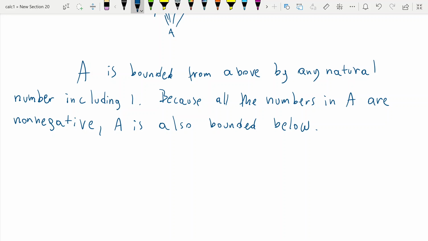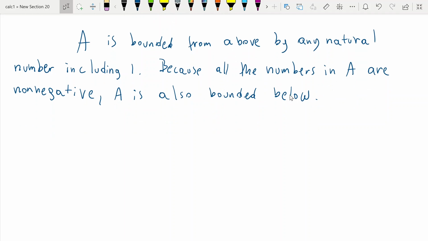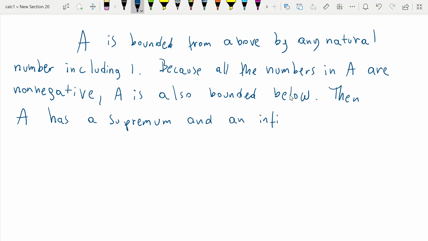So according to the least upper bound property and the greatest lower bound property, we know that A has a supremum and an infimum.